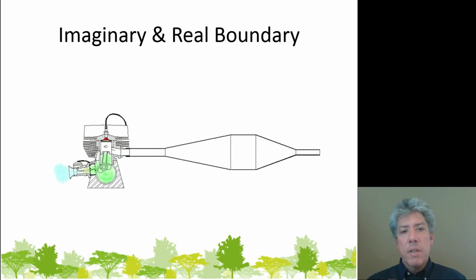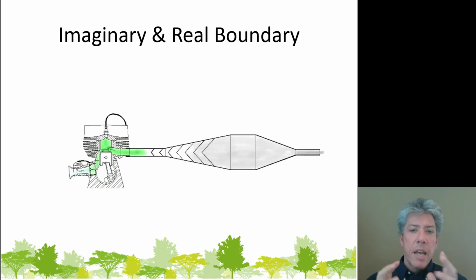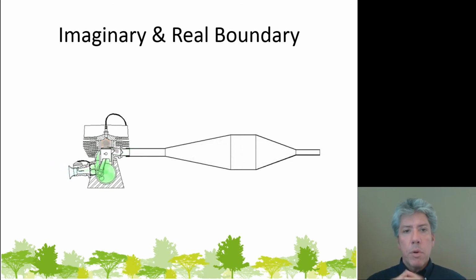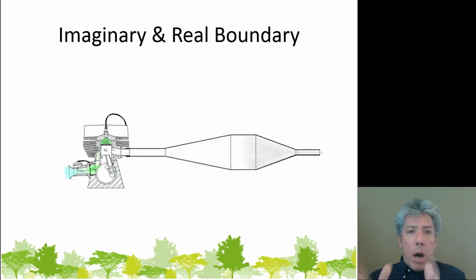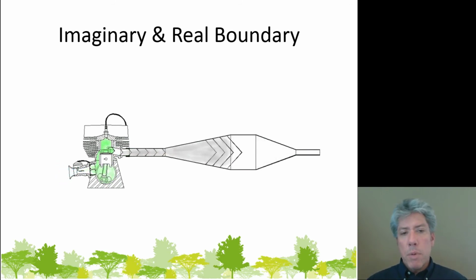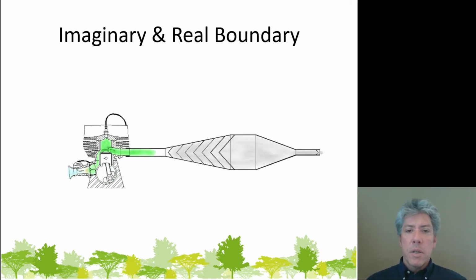So the design of this muffler, tailpipe, whatever you want to call it, this section is actually really important. It may be a system that we want to study on its own besides the interesting parts of the engine. So forget the engine for a minute. We want to design this thing so that the gases coming out of the engine will bounce back and be burned again. Now, if you think about it, this is basically a round thing, and there are some real boundaries defined by the shape of this pipe.